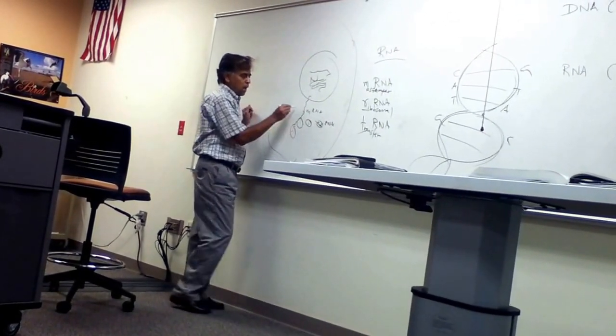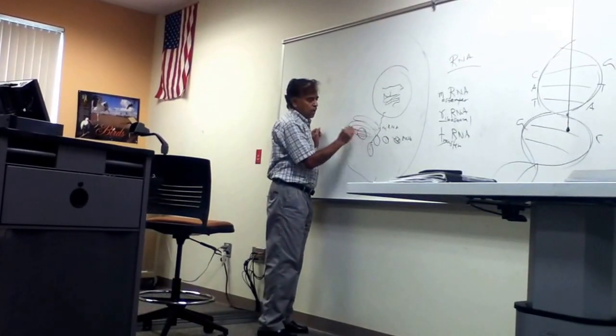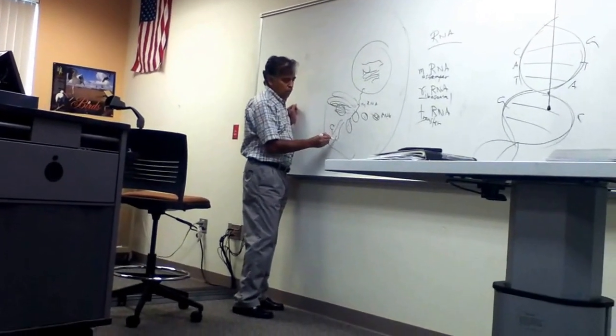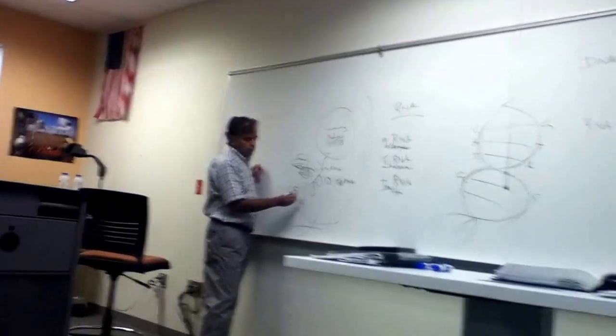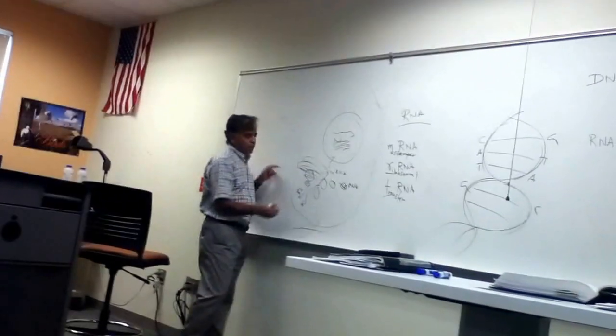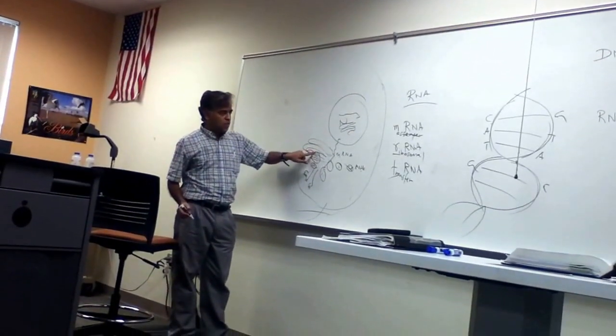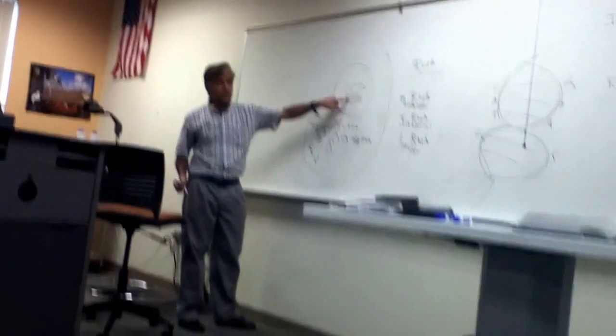Once they bind, then you go to the ER, okay? And then there is this tRNA floating around in the cytosol. They all carry a specific amino acid. This nucleotide sequence corresponds to the mRNA sequence, which corresponds to the DNA sequence.